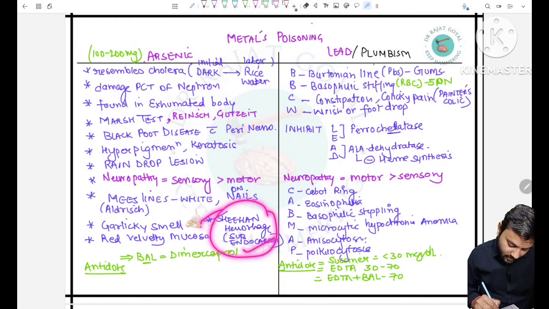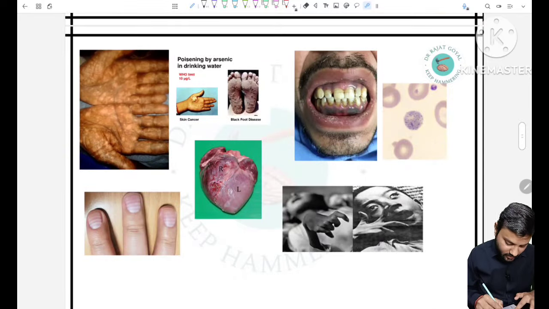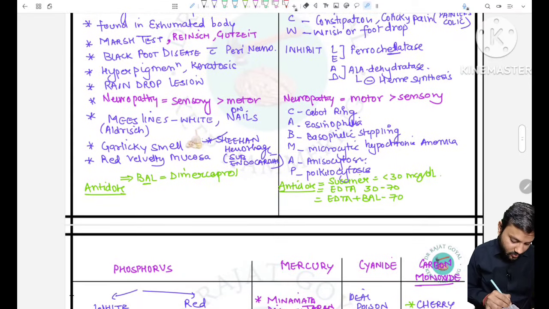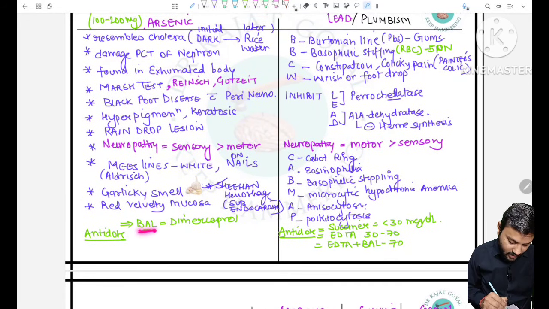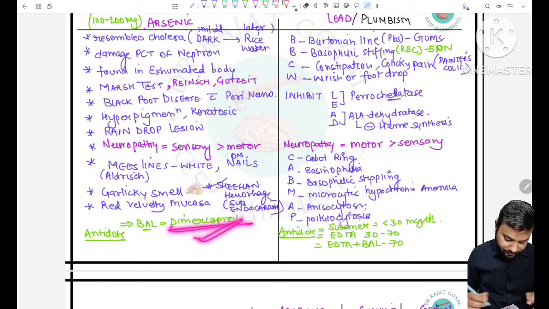Sheehan hemorrhage or the subendocardial hemorrhage are present that we have already seen. So the antidote for arsenic poisoning is BAL, British anti-Lewisite, which is also called dimercaprol.